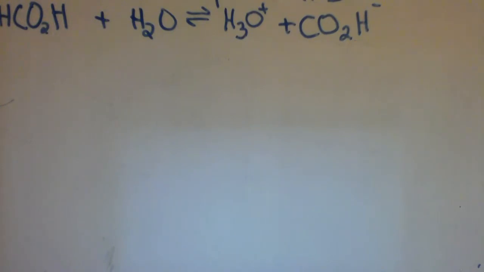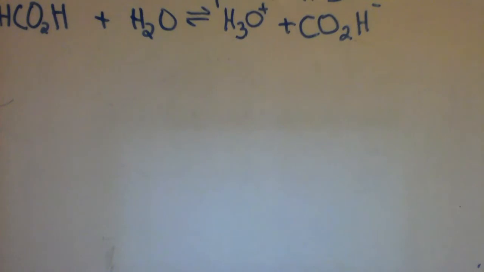Now the problem tells us the concentration of the formic acid when it was first added to the water, and that's 0.100 molar. It also tells us the concentration of the hydronium when the reaction reaches equilibrium.